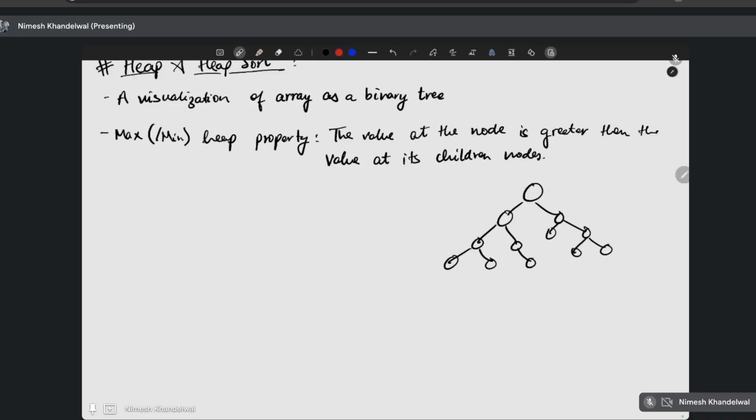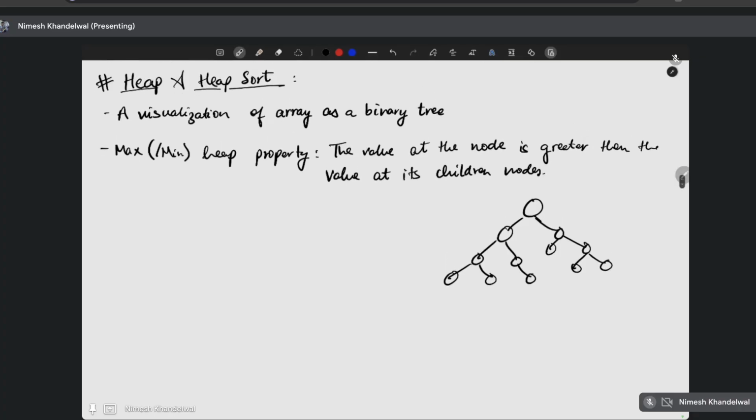then any node of this entire heap, if any node has a value less than the value of its children, right?